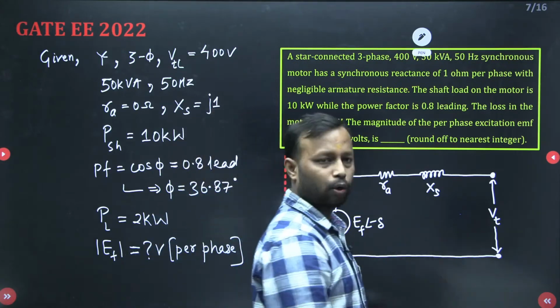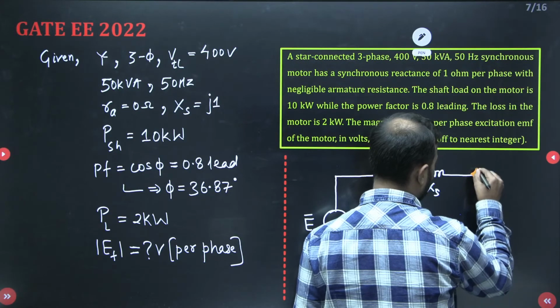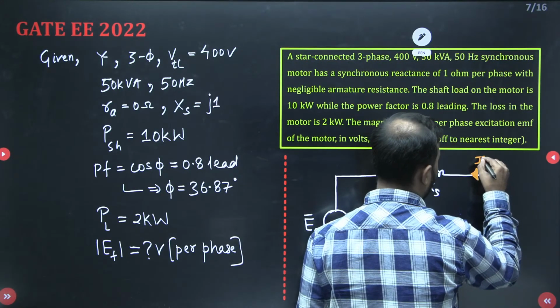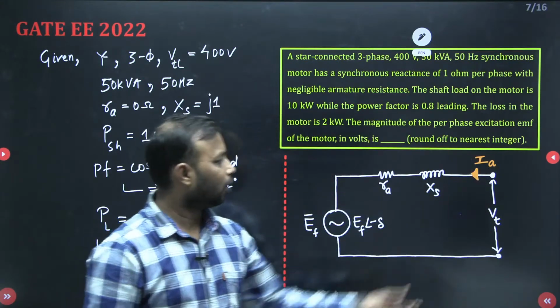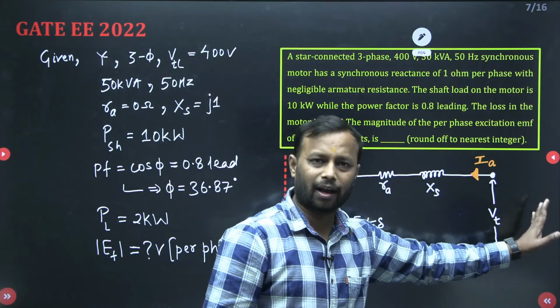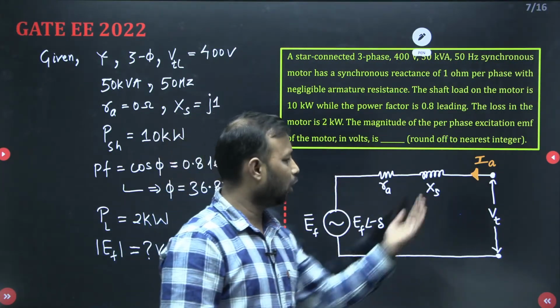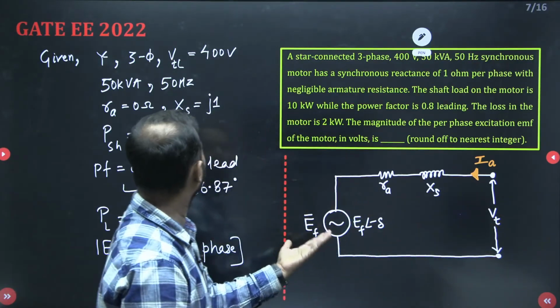And since this is a motor, current will come from the terminal. So this is your armature current. Since this is a motor, the input will be electrical and the output will be mechanical. Is it clear, everyone?